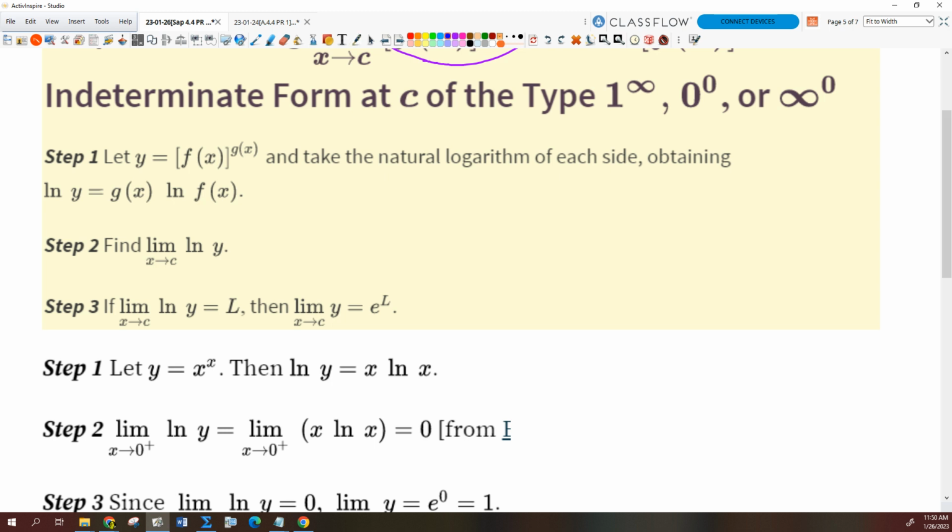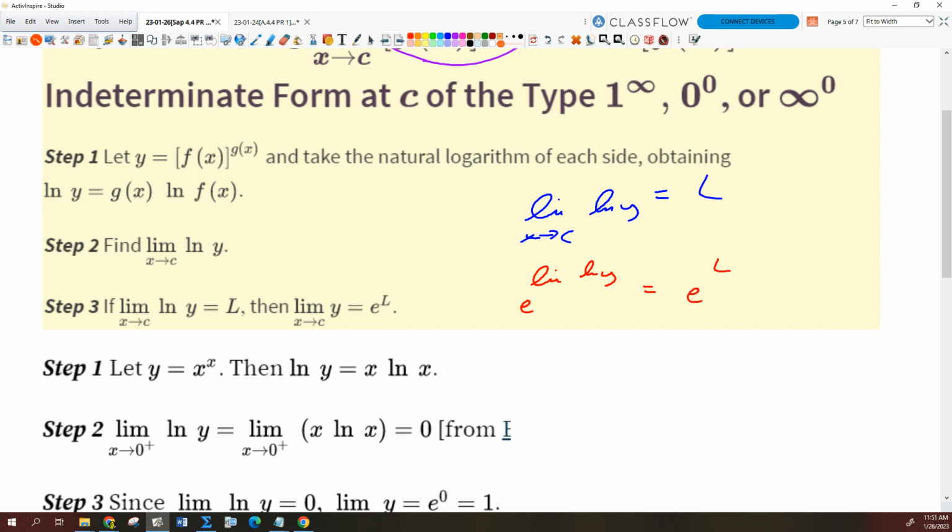Let's look at this last statement. We get down to that last step where we've got the limit of log y as x approaches c equals L. Then I have a property of limits that says if the limit of log y equals L, then e to the limit of log y is equal to e to the L, right?